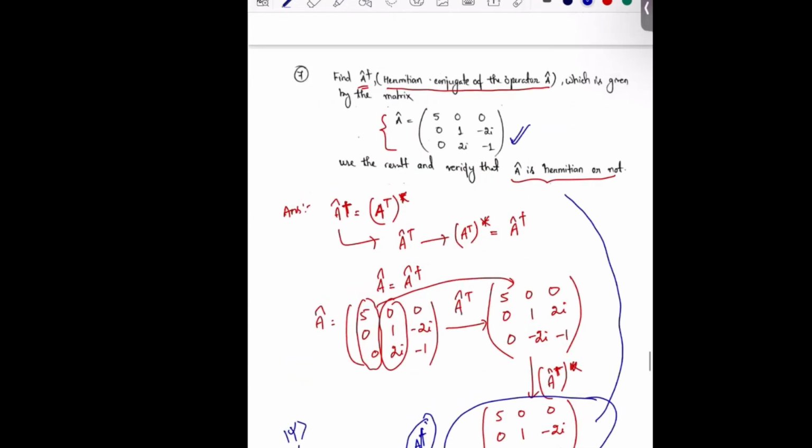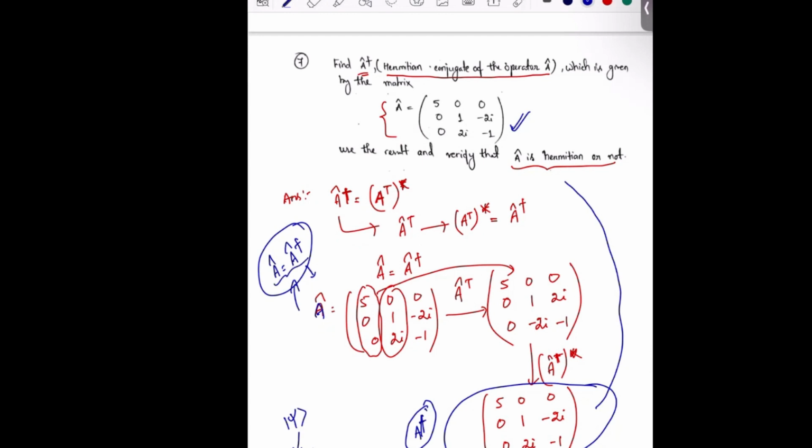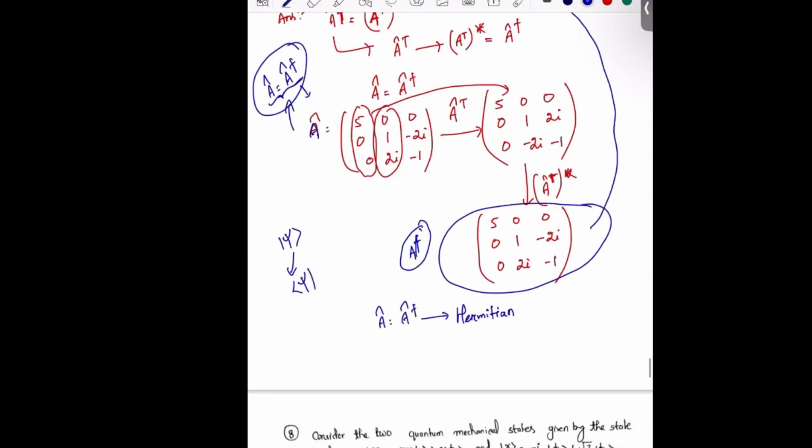Now in the case of operator A, if it satisfies the condition A equals A dagger, then we say that it is Hermitian. In the next section, we'll see this Hermitian conjugate has unique properties. Your doubt is clear, right?